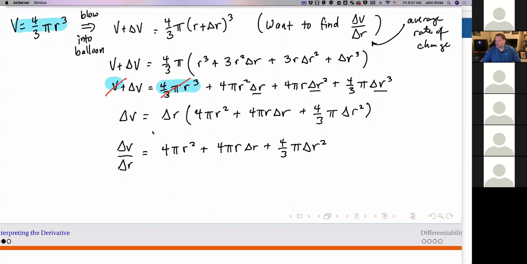Okay, so this tells me my average rate of change over any R value from time 0 to time R, right? Not time, radius R. So this would tell me the average rate of change from a radius of 0 up to a radius of whatever value I'm interested in.